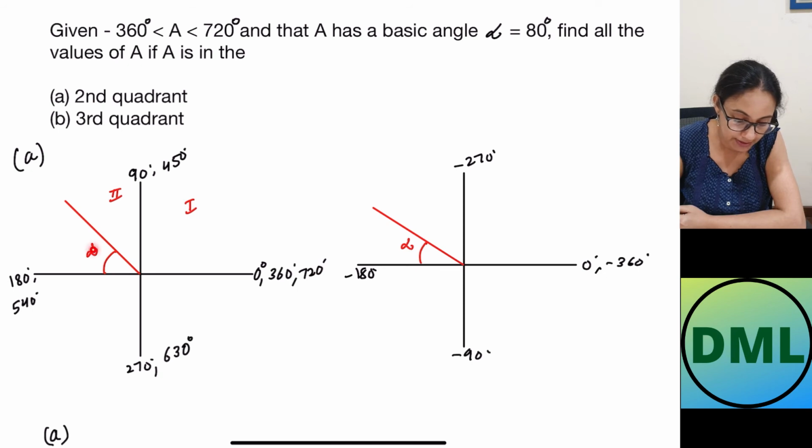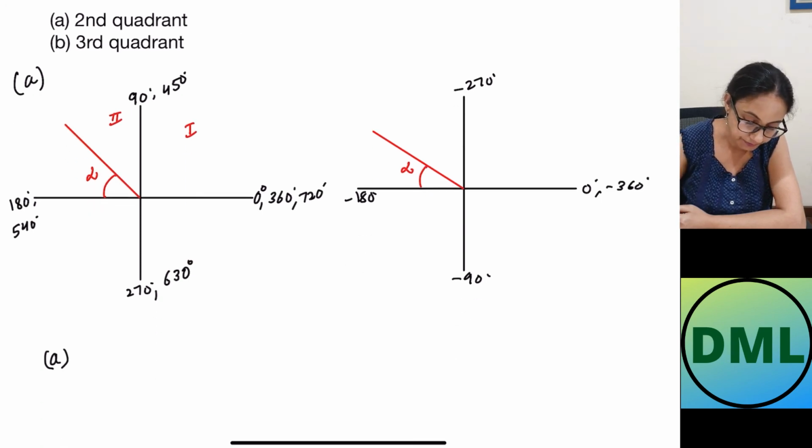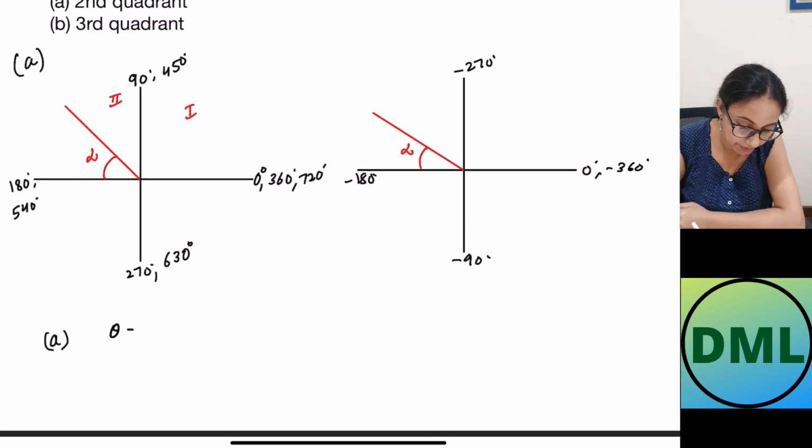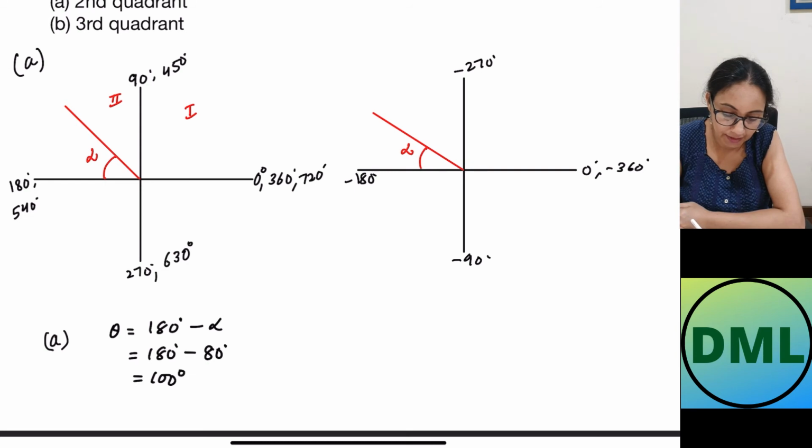Now to give the answer, if I take the first round, it is 180 degrees right now. To give the answer in the second quadrant, the angle theta will be given by 180 degrees minus alpha, which is 180 degrees minus 80 degrees, equal to 100 degrees. That is my angle in the second quadrant.